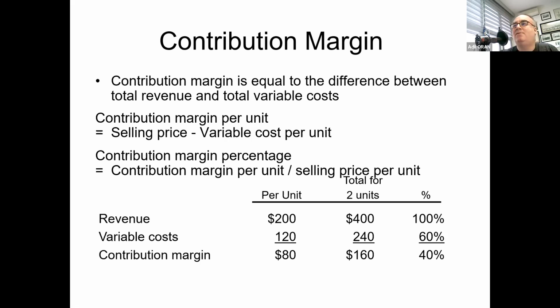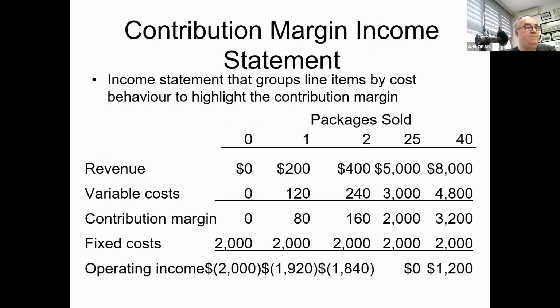So using this information, how can we estimate what's going to happen as the number of units changes? Basically, if we sell 0, 1, 2, all the way up to 25 or 40 packages, and the contribution margin stays the same, what is it going to look like?